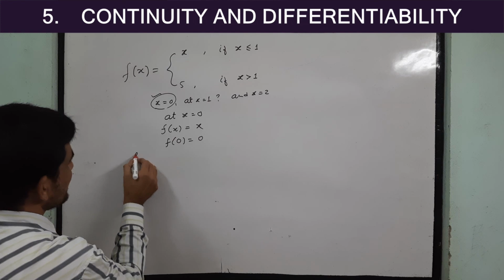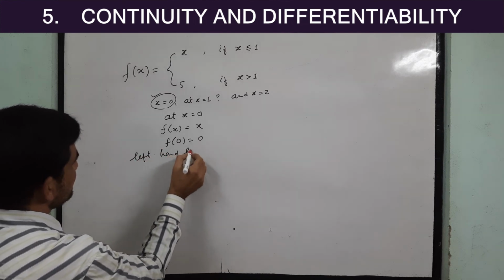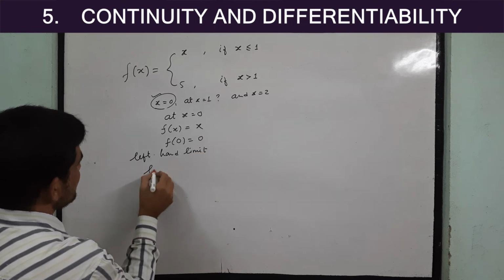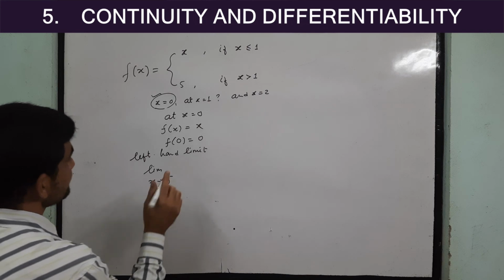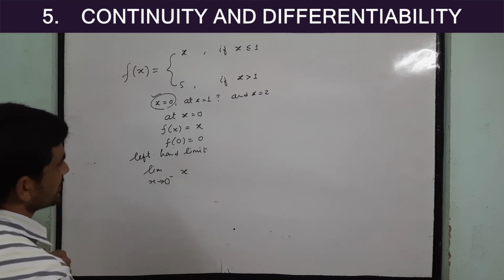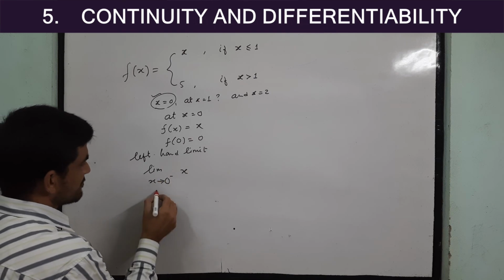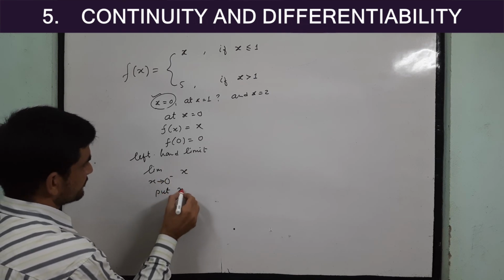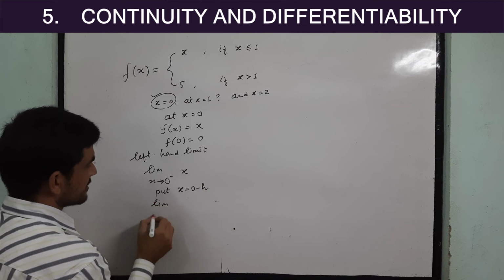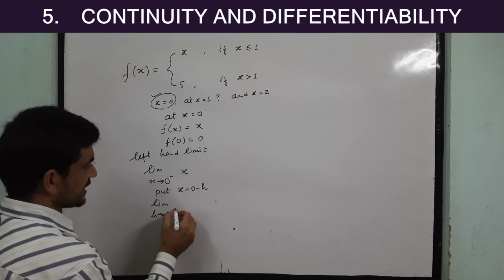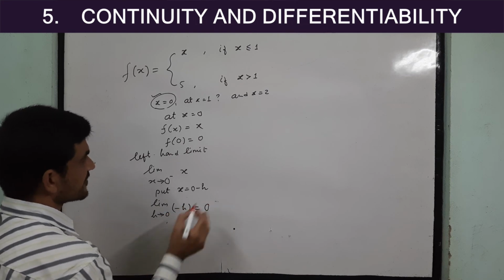So when you find the left hand limit, limit x tends to slightly less than 0, it is x only. Clear? So when you put x equal to 0 minus h, limit h tends to 0, here we will get minus h, so we will get 0 only. Clear?